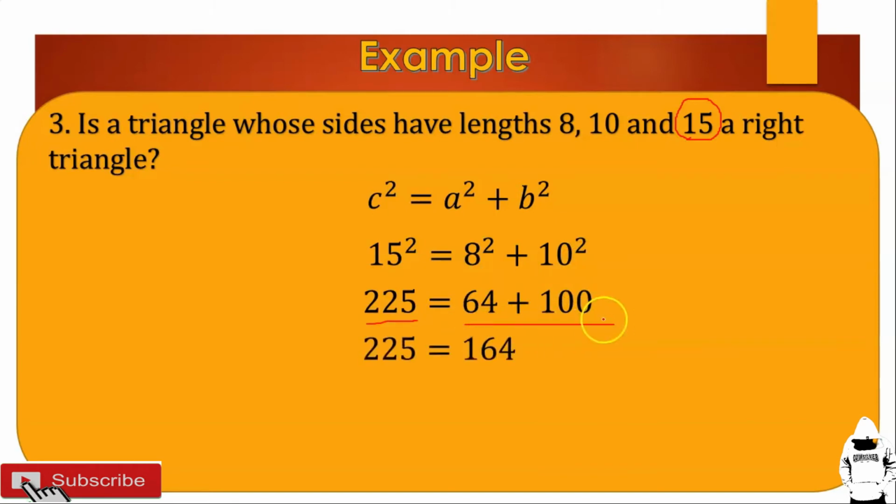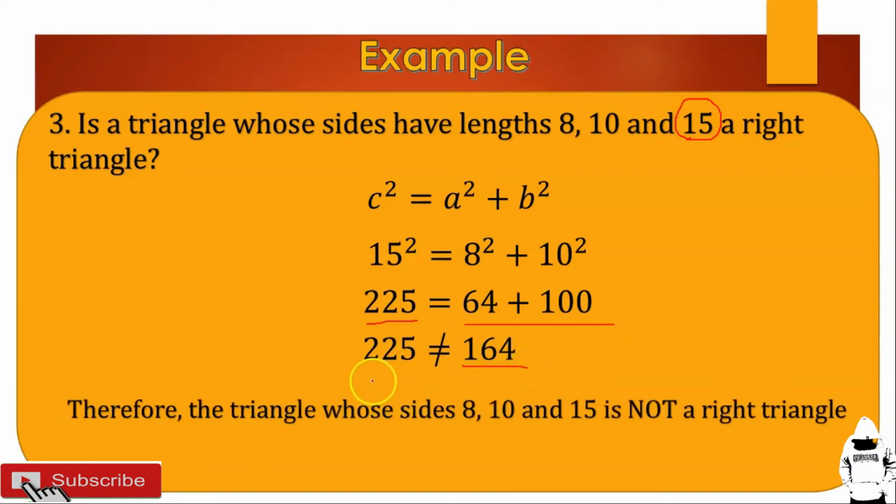Simplify this. 225 is equal to 164. So, 225 is not equal to 164. Therefore, the triangle whose sides 8, 10, and 15 is not a right triangle. Okay? So, dapat equal po ito para masabi nating right triangle yan.